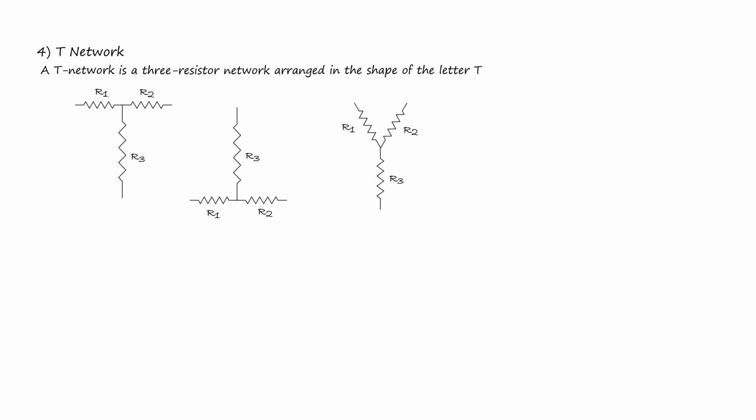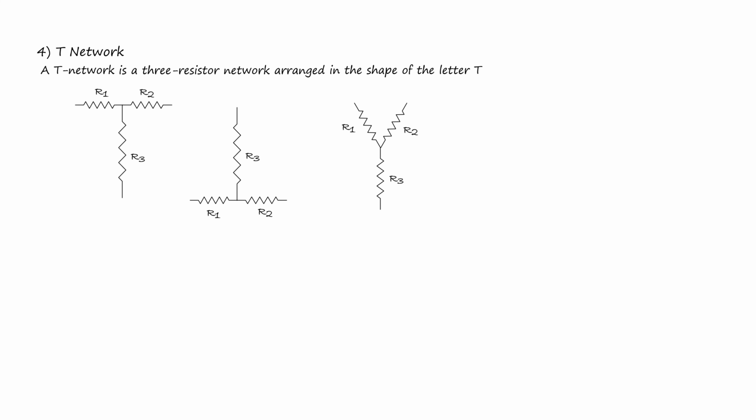And a Y network can also be used as a T network because it looks similar to a capital T, and it has a center point with resistors connected in different directions, which makes it similar to the T structure.